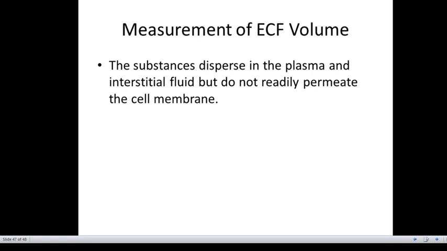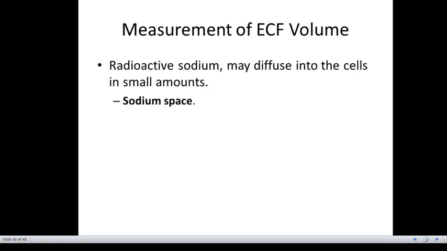All these substances disperse in the plasma and interstitial fluid but do not readily permeate the cell membrane. Radioactive sodium, however, may diffuse into the cells in small amounts. Therefore, while using sodium, the true extracellular fluid volume is often called the sodium space.